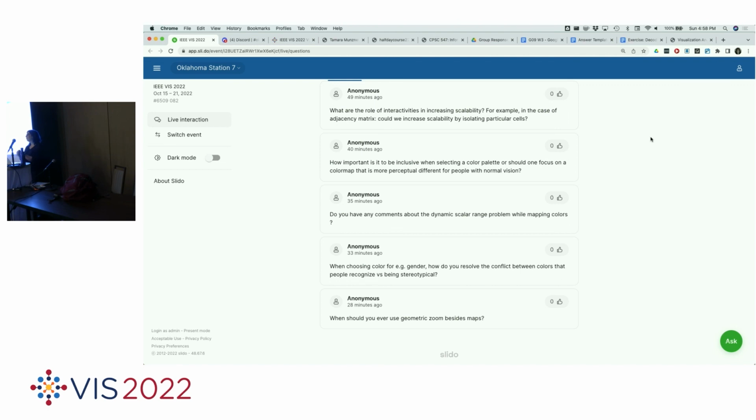So before I write a second edition, there's a research paper I need to write that will be called Marks Revisited, and questioning this dogma of points, lines, and areas that we've had ever since Bertin in the 60s. So I have some thoughts. They need to be crisped out and written down in a research paper, but I think there's a lot of ways that everyone has just been thinking about it that don't actually help us reason enough.